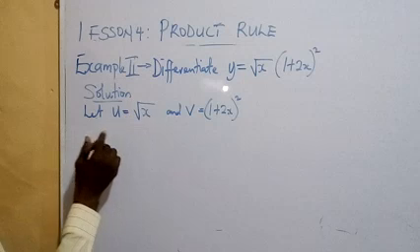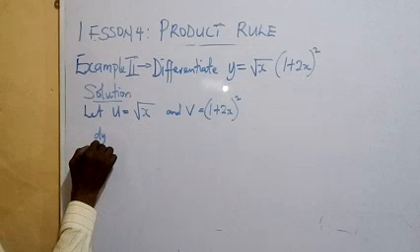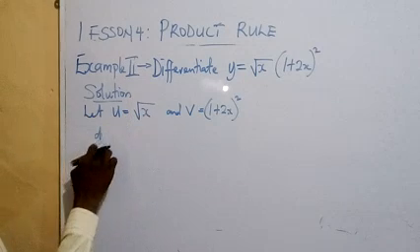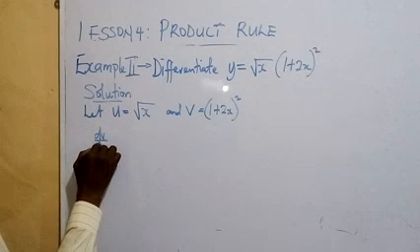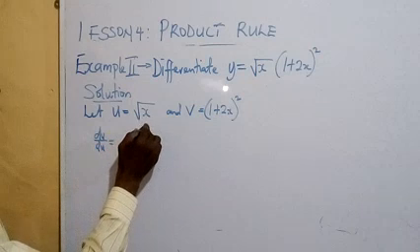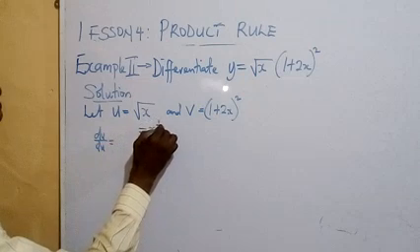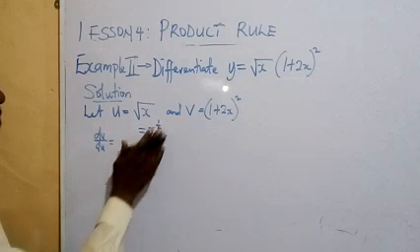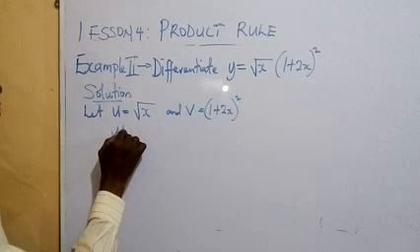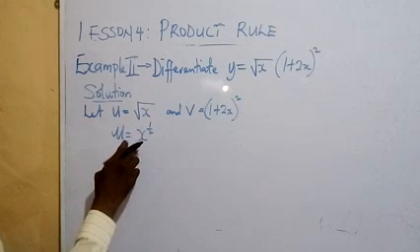How do we differentiate this? The du/dx of this. Don't forget, root x is the same thing as x raised to power 1 over 2, using the law of indices.